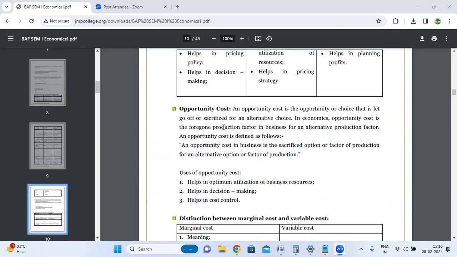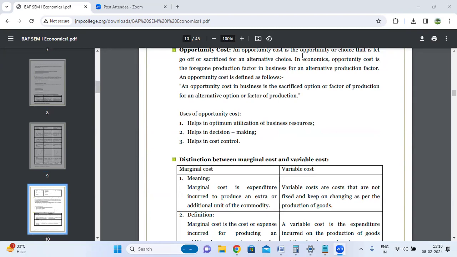Next one, opportunity cost. Opportunity cost is the opportunity or choice that is let go of or sacrificed for an alternative choice.